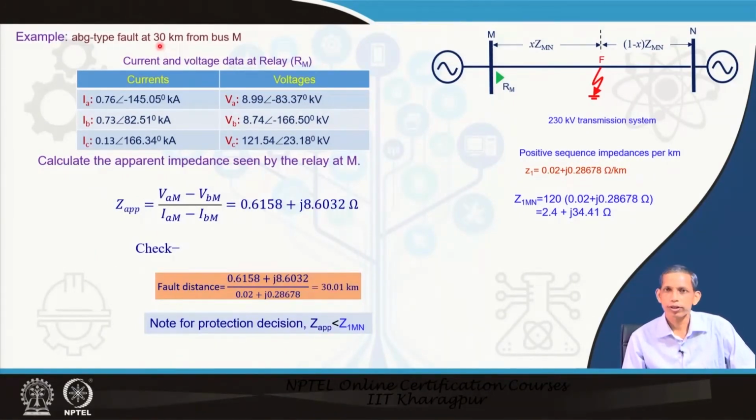We created the fault at 30 kilometers and found a similar distance, so the Z apparent seen by the relay is accurate. Furthermore, this impedance Z apparent is smaller than Z1 Mn, which is 2.4 plus j 34.41 ohm. Therefore, the relay will find this fault inside the line and go for a trip decision.